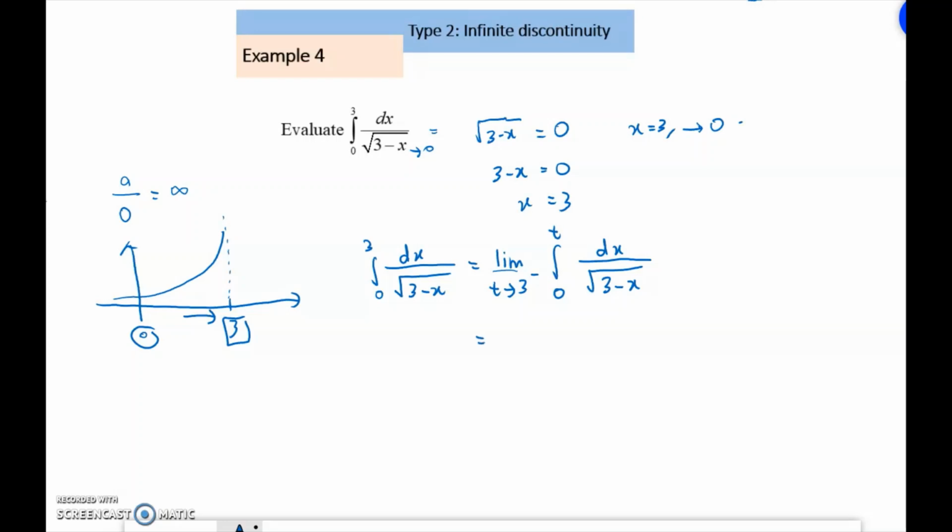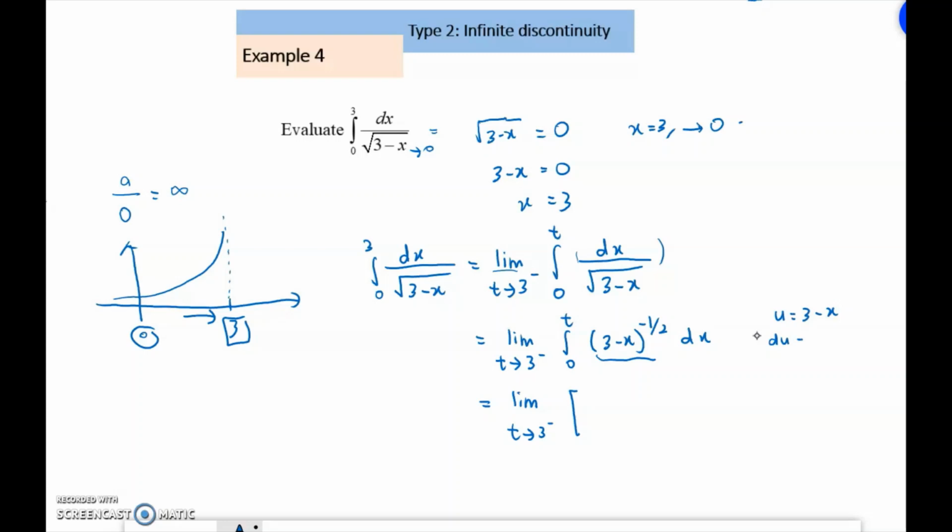So the next step is to solve this integral. We write down this limit as t approaching 3 from the left side, 0 up to t. So we have 3 minus x to the power of negative half dx. Then we use integration by substitution to solve this function, where we let u equals to 3 minus x.